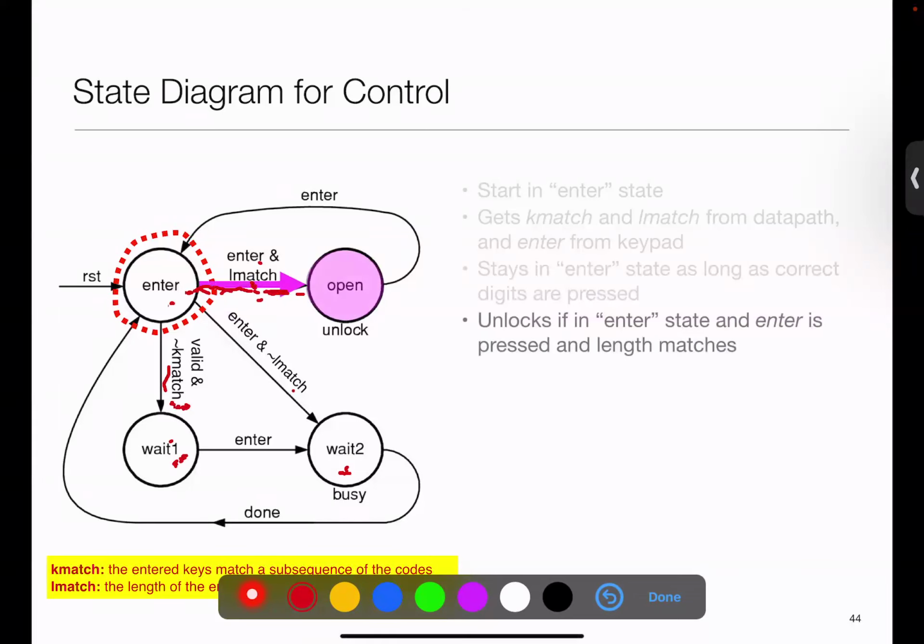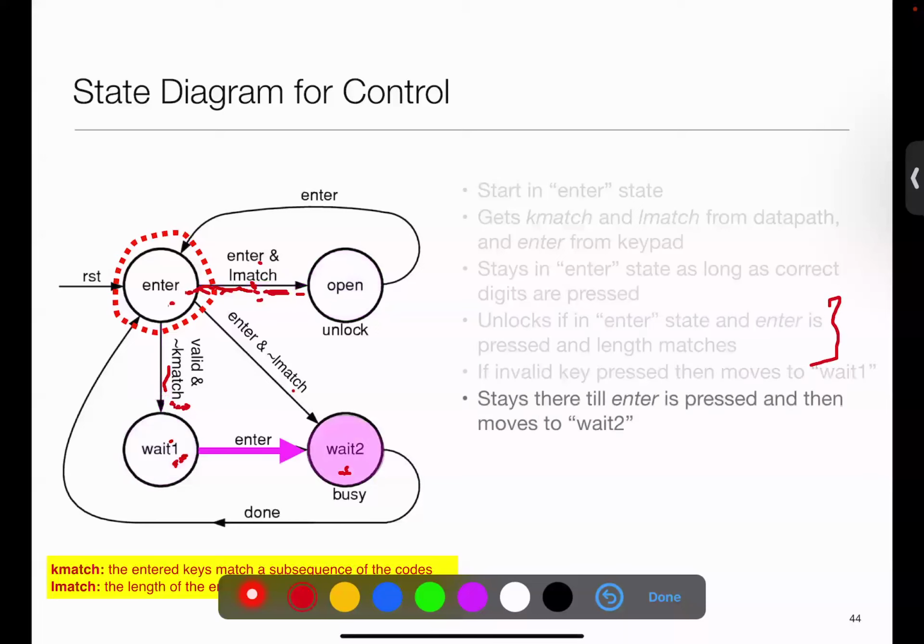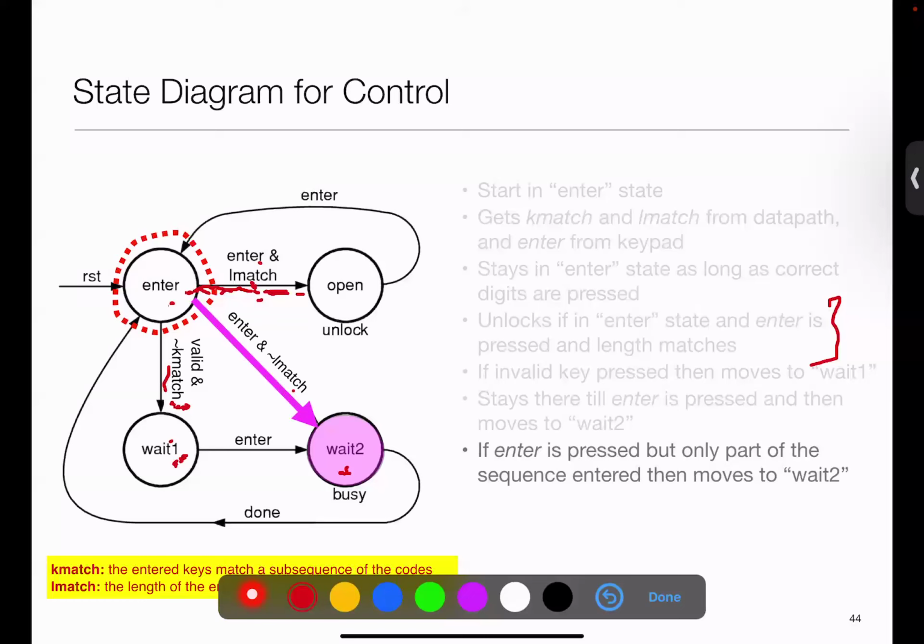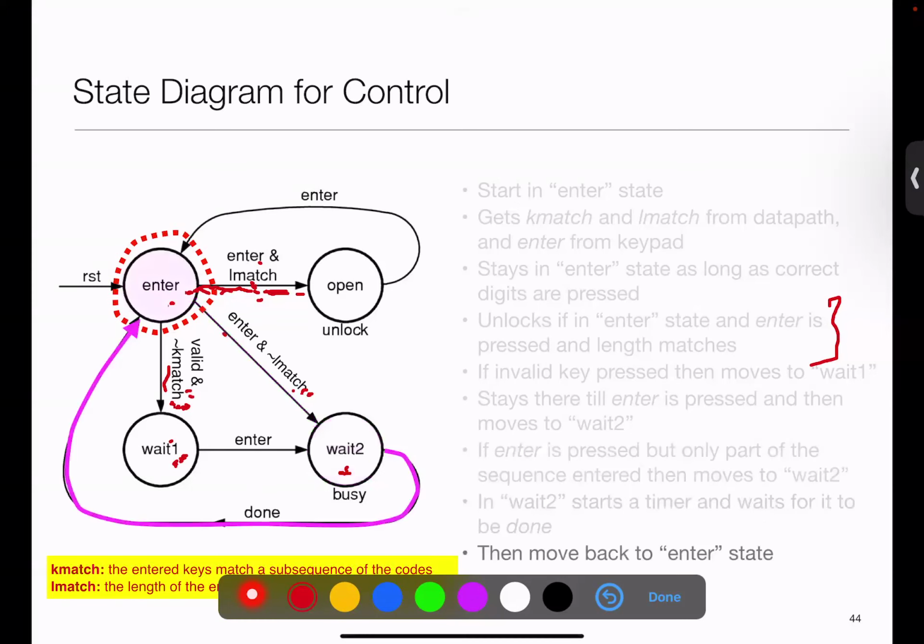It unlocks if in the enter state, enter is pressed and the length matches. All those conditions have to be met. Conceptually, we are tasking the data path to create L match and K match. So there are two error conditions: enter with failure to match length, or failure to match key, and then we go to wait 1 and wait 2.